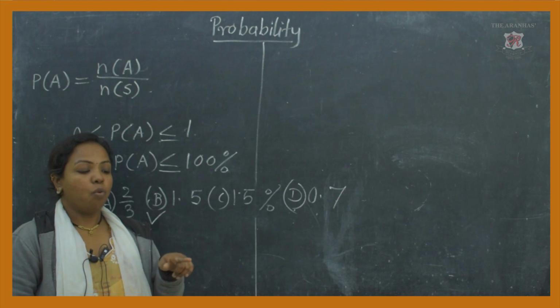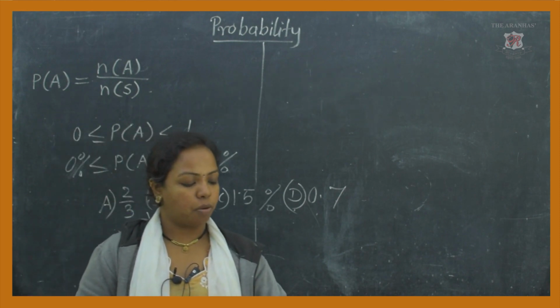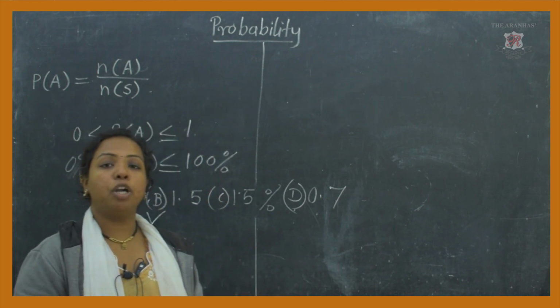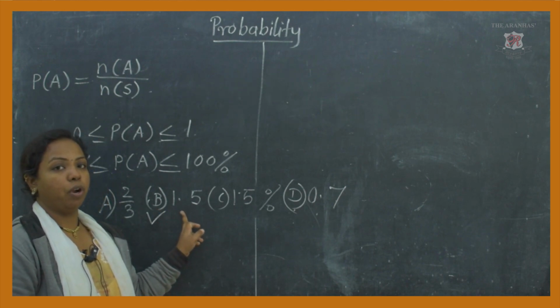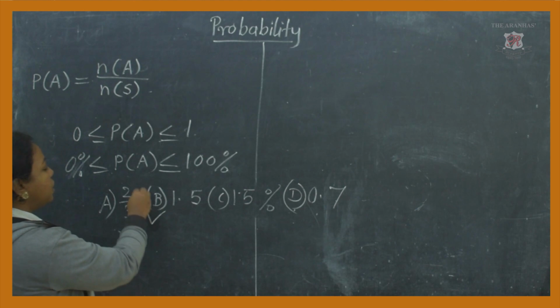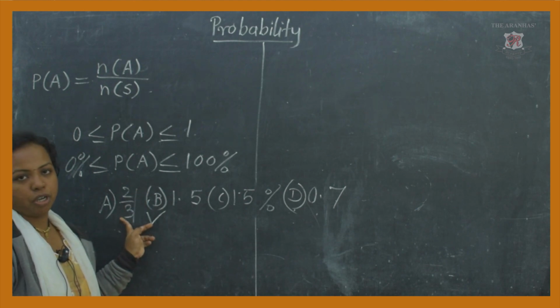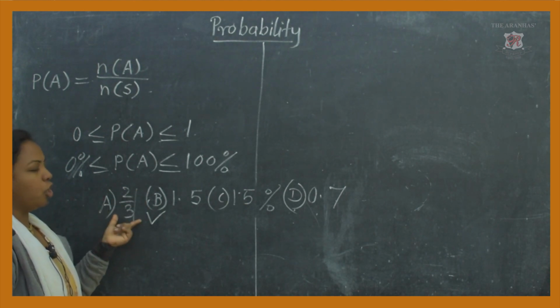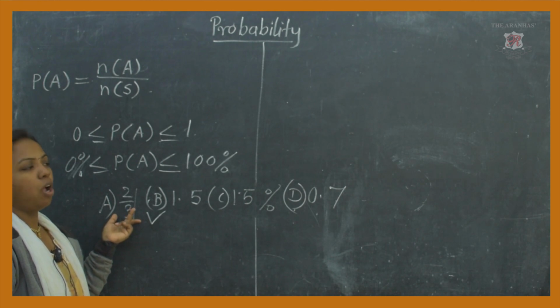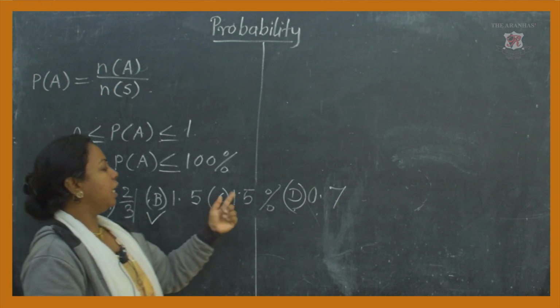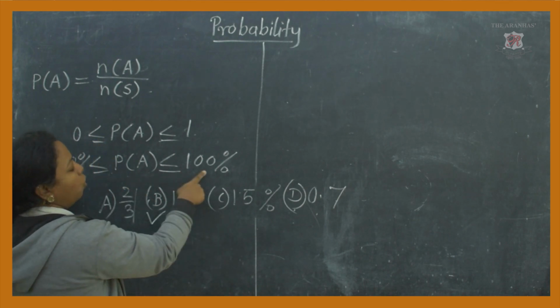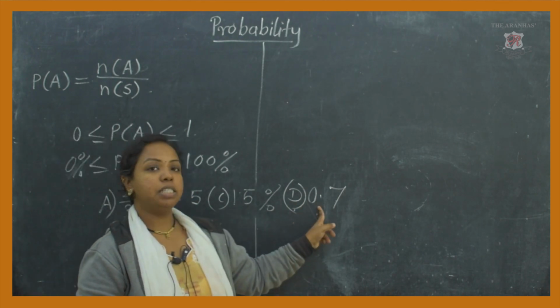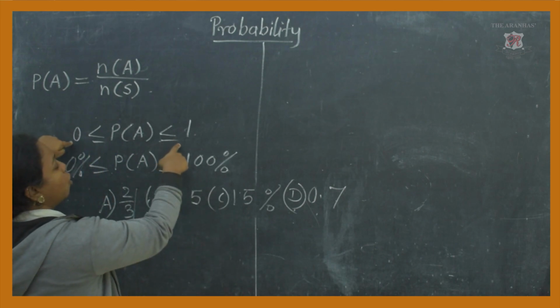What is that question? Which one from the given options is not a number to express the probability. The correct answer is 1.5. Why? If you see 2 upon 3, it is a fraction, the numerator is 2, the denominator is not equal to 0, so it is a fraction. 15% is in between 0% to 100%. Then 0.71 is in between 0 and 1.